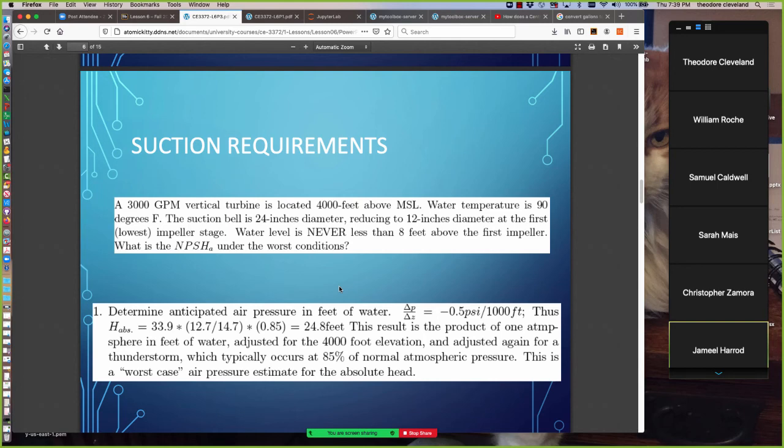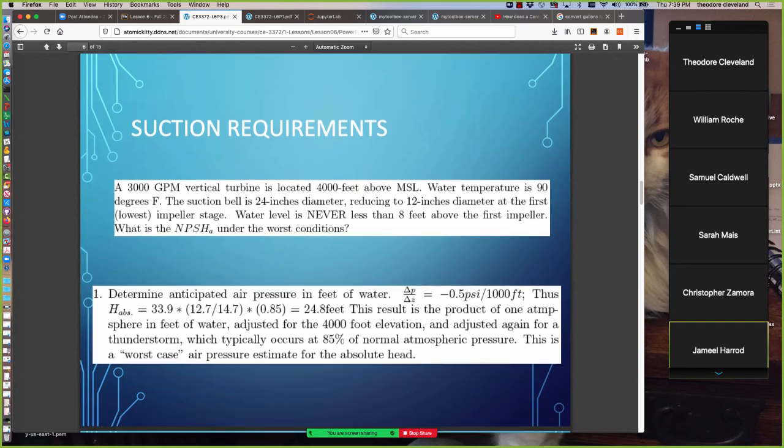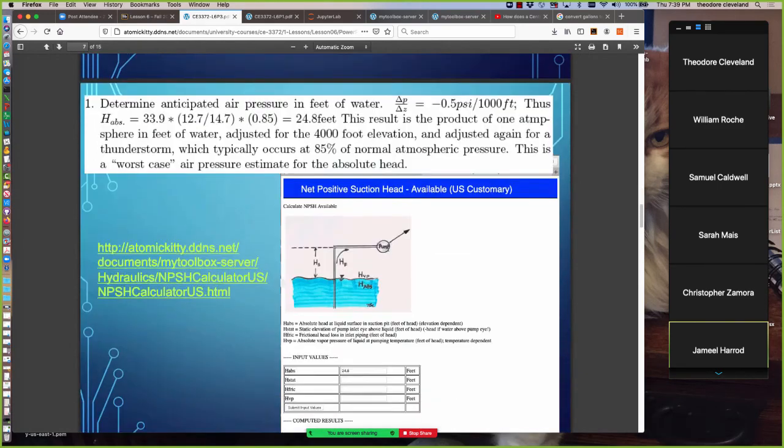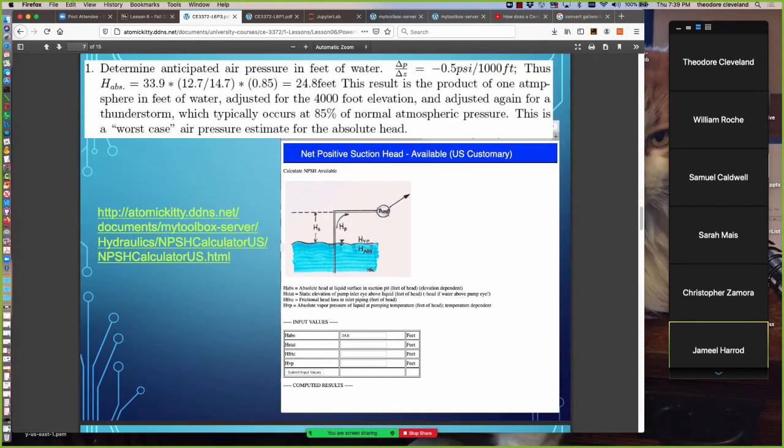So the absolute head expected in the wet well is 24.8 feet. That result is the product of 1 atmosphere in feet of water adjusted for 4,000 foot elevation change and adjusted again for the thunderstorm. That's our worst case air pressure. So if we're using an online tool, which we'll go look at shortly, we would enter the 24.8 for the absolute value of head at a liquid surface.